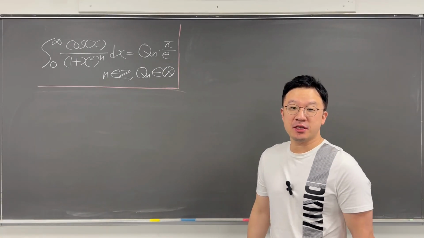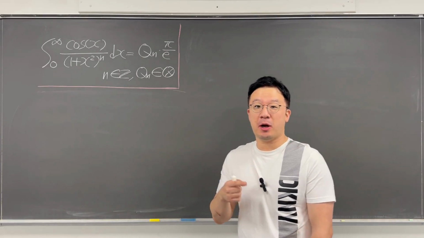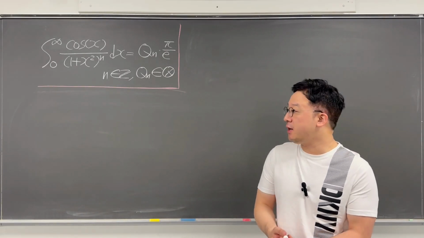Now we can talk about an expression of d^k over dz^k of (z plus i) to the power of negative n.